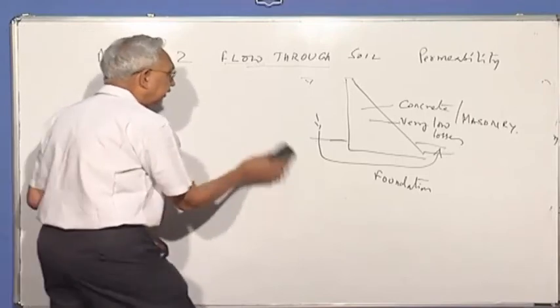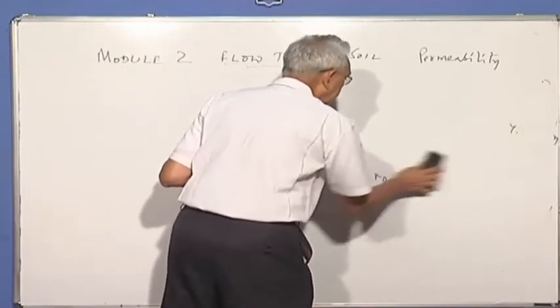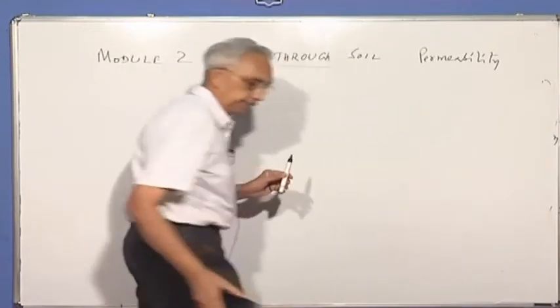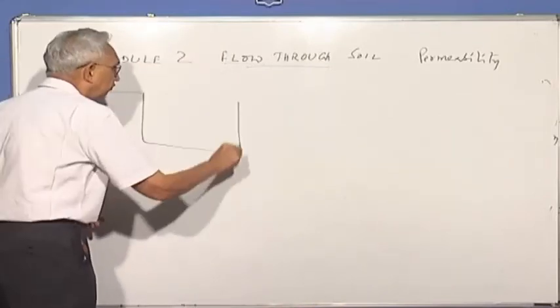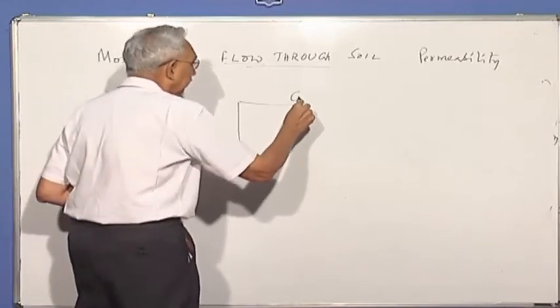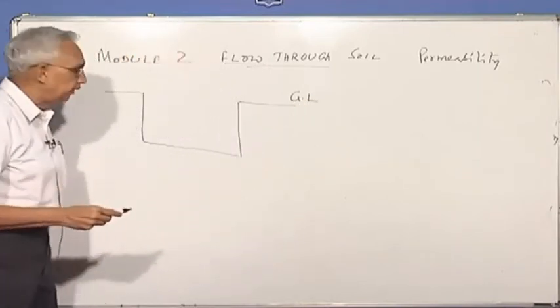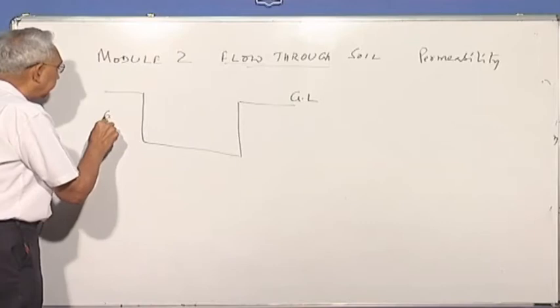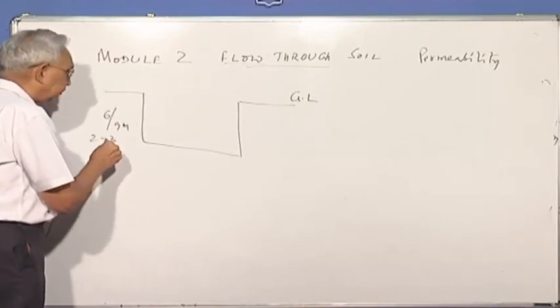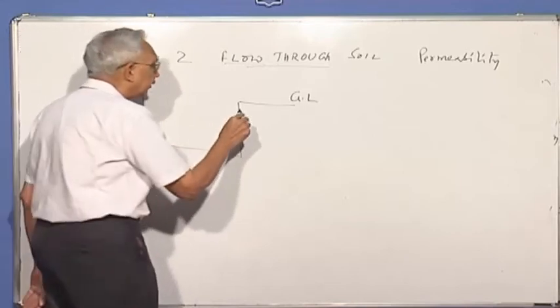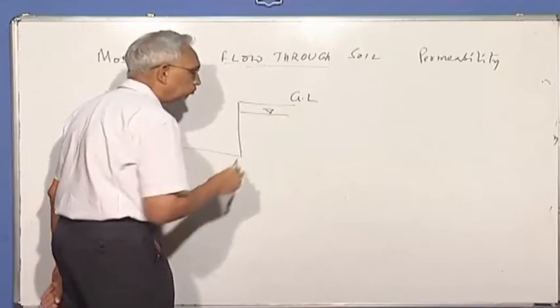problems. We also have this problem in many foundations nowadays. People are excavating below ground level for basements. This is the ground level, and you would like to go maybe 6 to 9 meters so that I can get 2 to 3 basements. Suppose the groundwater level is somewhere here.